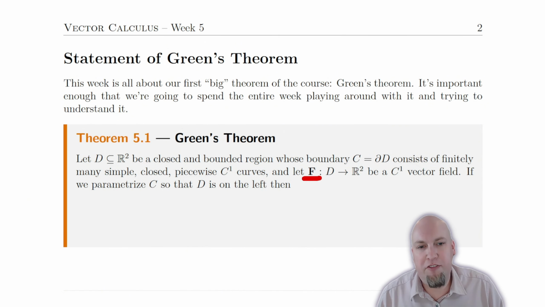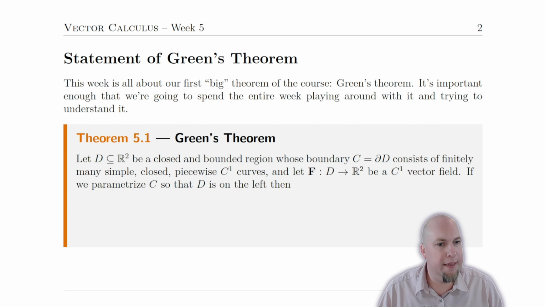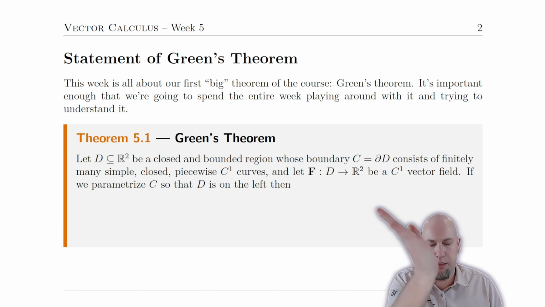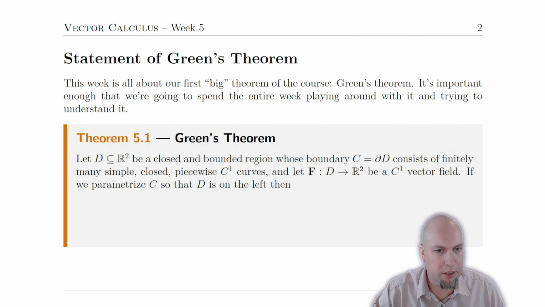And you've got some vector field from the domain D to R2, okay? And the only restriction on that is it's got to be C1. So when I take derivatives of its entries, I get continuous functions. Okay, well, the theorem says if I parameterize the boundary, if I parameterize C so that when I walk along the curve in the direction specified by that parameterization, then D is on the left.